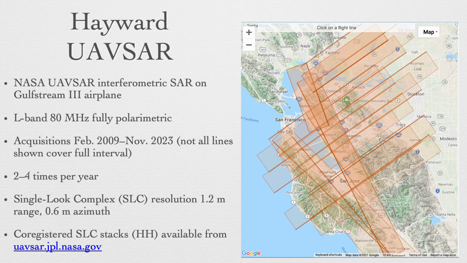In general, we've been getting data 2 to 3 times a year due to the cost of flying the airplane. It's not possible to do more frequently than that, but because this has a very high resolution, approximately 1.2 meters in the range or cross-track direction, and 0.6 meters or 60 centimeters in the along track or azimuth direction, the resolution of this data is much higher than what we get from the Sentinel-1 satellite images.